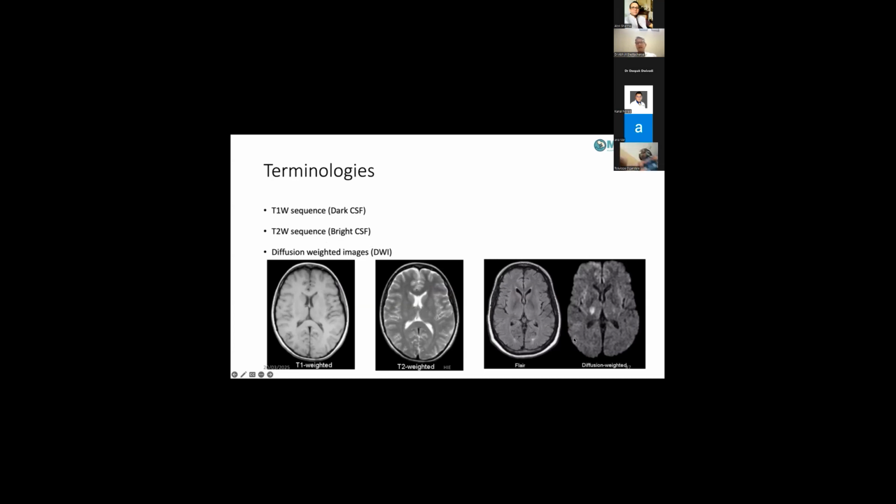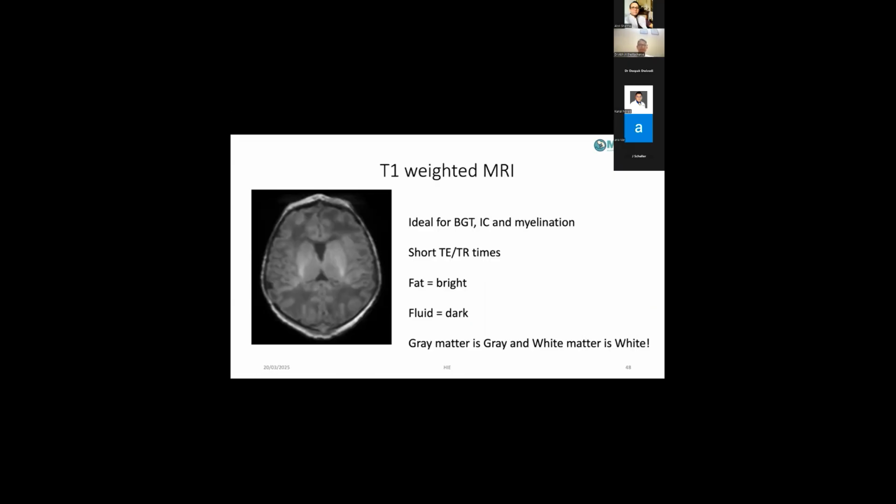And then you have FLAIR, I'm not going to spend time on it. It's just the fluid attenuated inversion recovery, and because we're not going to use that, I'm going to skip it. There's diffusion weighted imaging, the principle behind which is the diffusion of water molecules, and I'll tell you what that is.